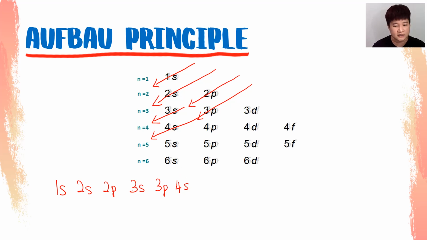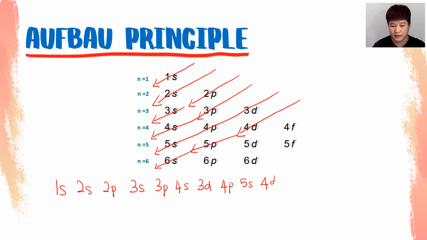After the 4s is fully filled, you move on to your 3d, 4p, and 5s. So you will fill the 3d after that, followed by 4p, followed by 5s. And when the 5s is full, you will start off with the 4d, then 5p, and then 6s.